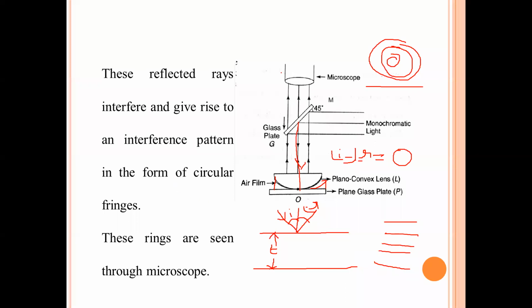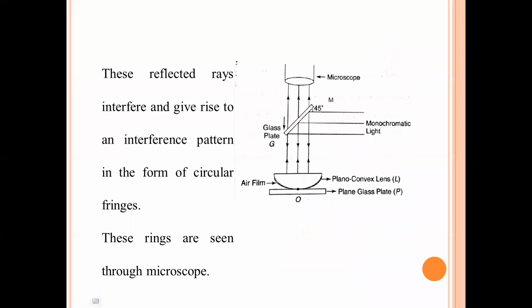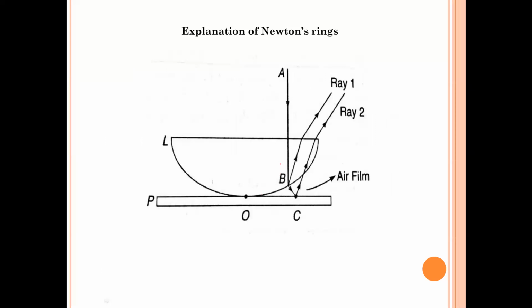Now, once again, here is a clear explanation of Newton's rings. This is the first incident ray, and this is one reflection. Let it be ray 1. Again, this is the refraction part. This refracted ray acts as an incident ray for the plain glass plate, and again it splits into two parts.